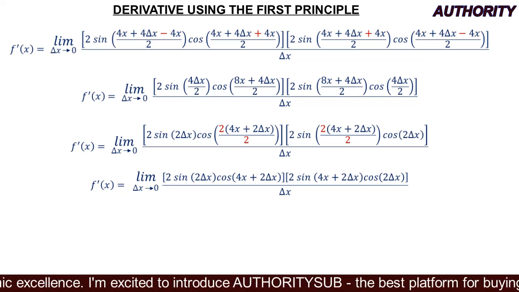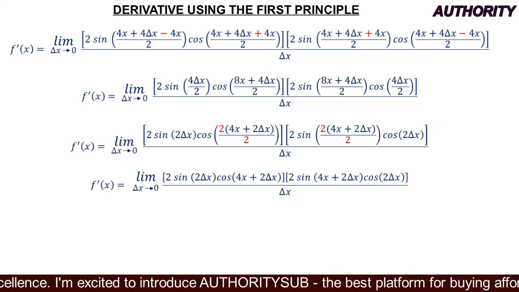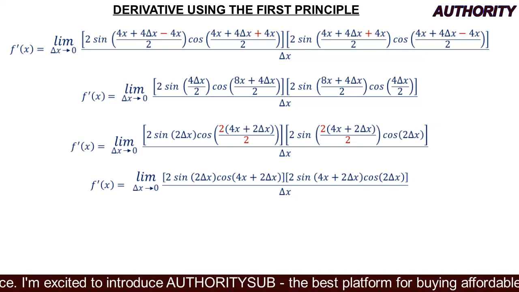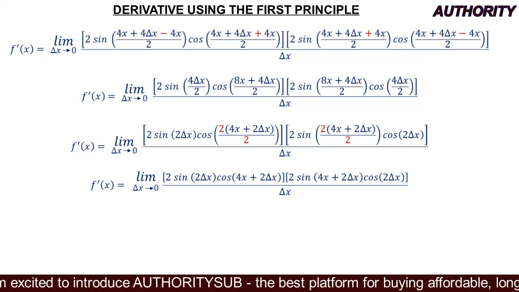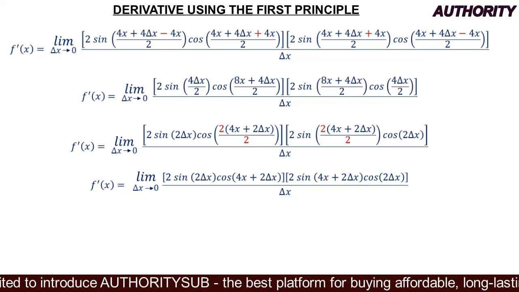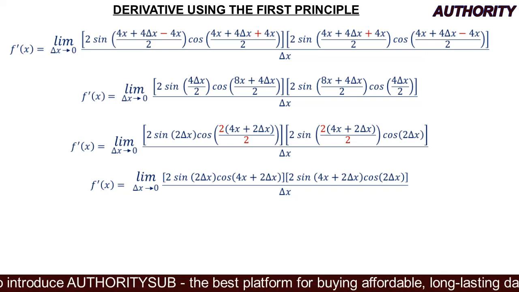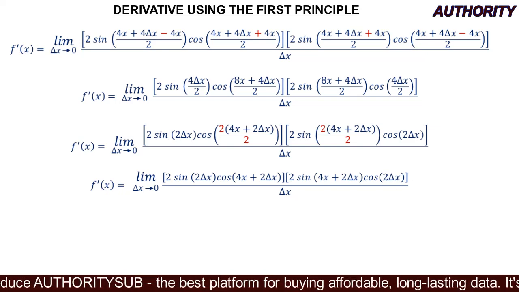So in this case now, we are going to split this expression into 2, and then take their limit. So splitting it into 2, look at how it's going to be.